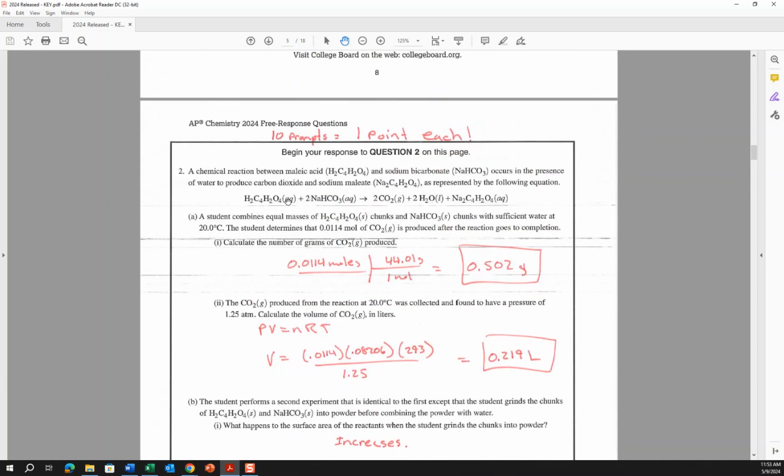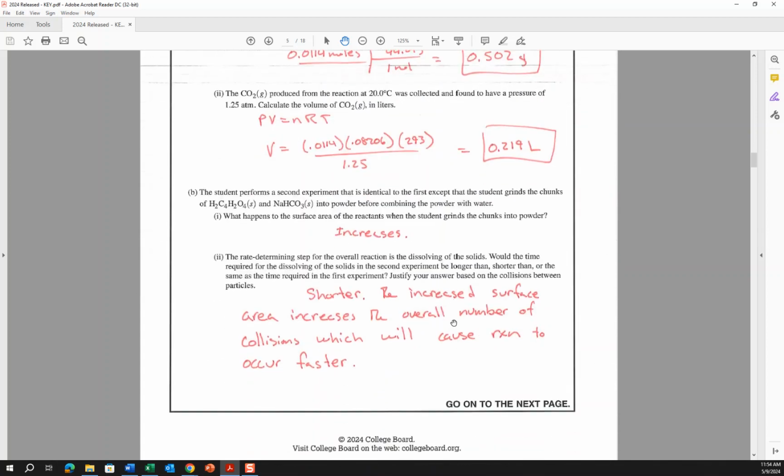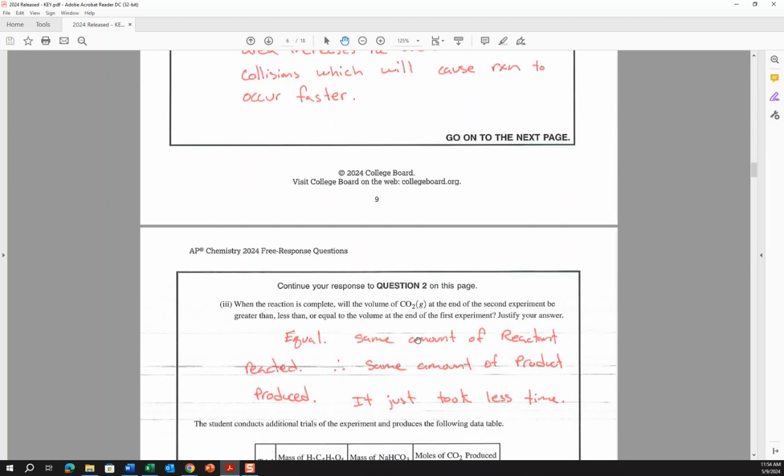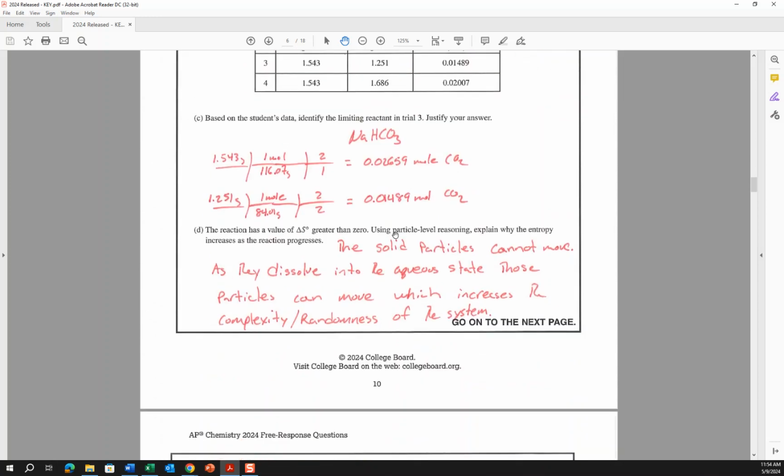If they're talking about the entropy change of this reaction, it's already assuming it had dissolved. So you'd really probably have to go with the fact that you're producing gas versus just things in the aqueous state, and gaseous particles are much more entropic, much more random, much more disordered than an aqueous system. So that's why there's an increase in randomness or disorder. That's probably the better explanation now that I'm thinking about it. Okay.